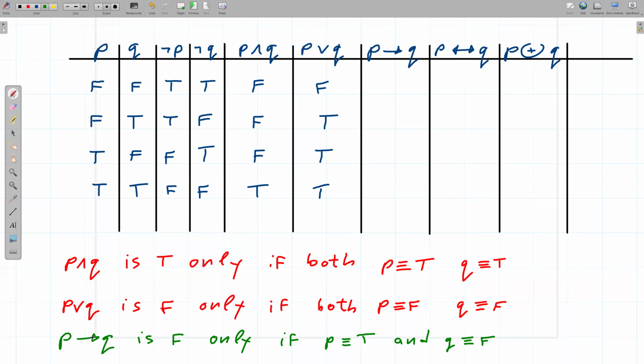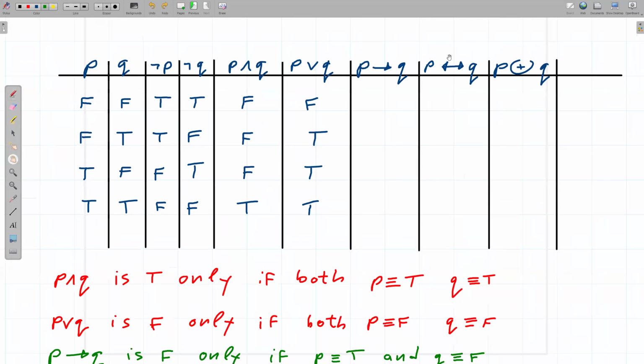It's like a promise. If I made a promise and did not keep it, then I lied. This is the rationale behind the implication sign.